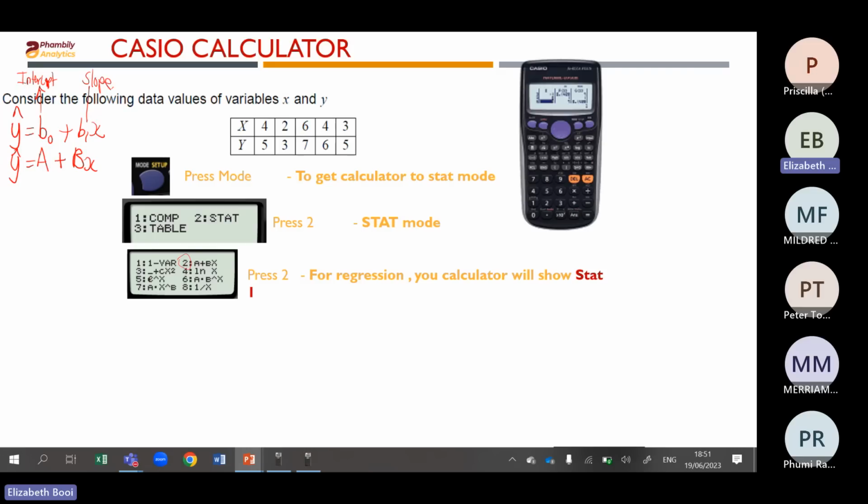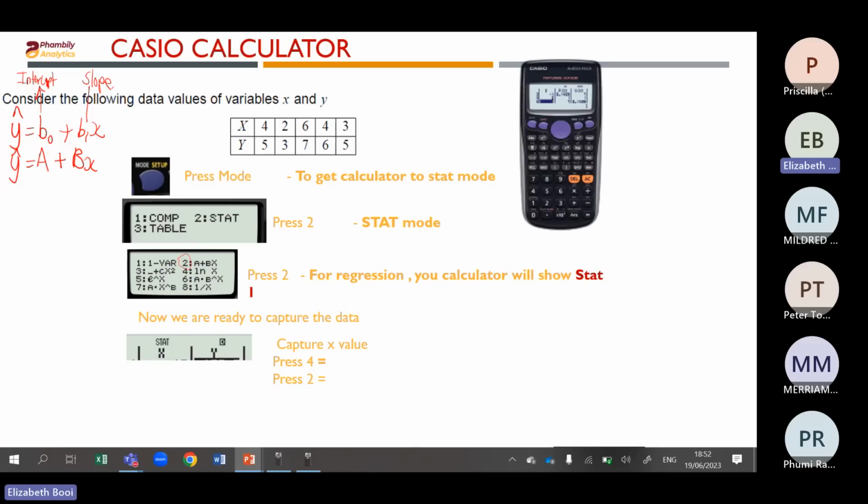And once you have pressed 2, you're going to enter your data onto your calculator. Now your calculator will be ready for capturing, and you will have a table with 2 columns, X and Y. We need to put the values of X first, and then the values of Y. So for X, we're going to press 4 equal, 2 equal, 6 equal, 4 equal, 3 equal.